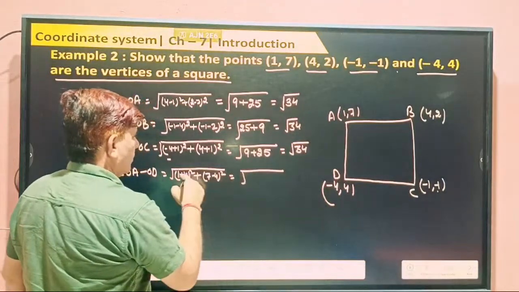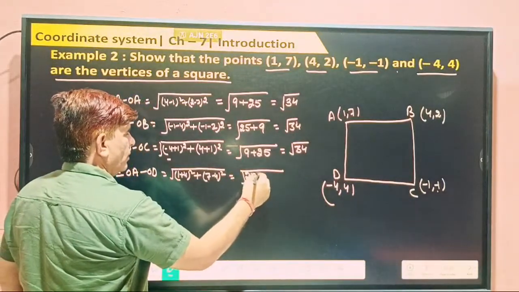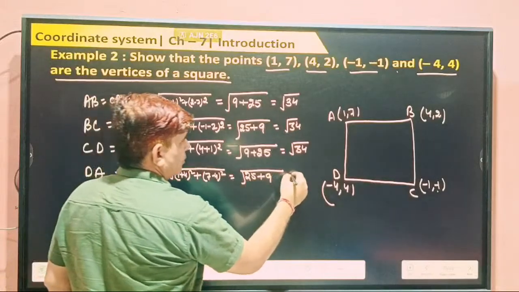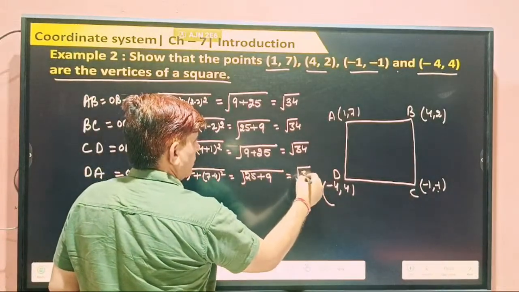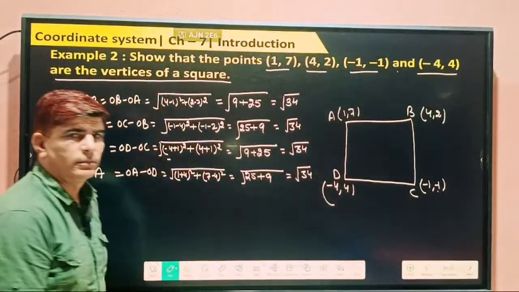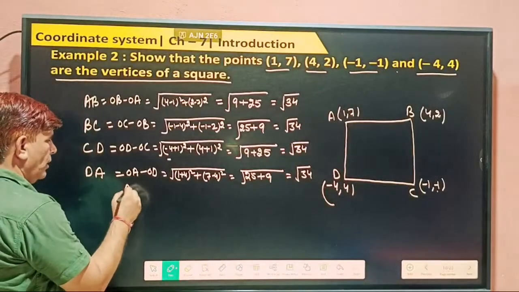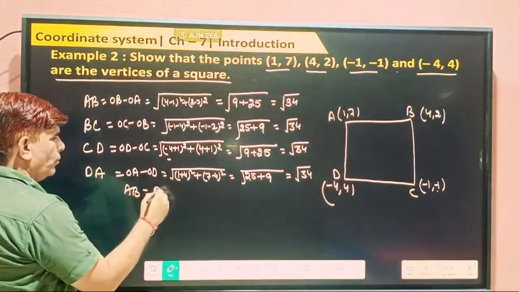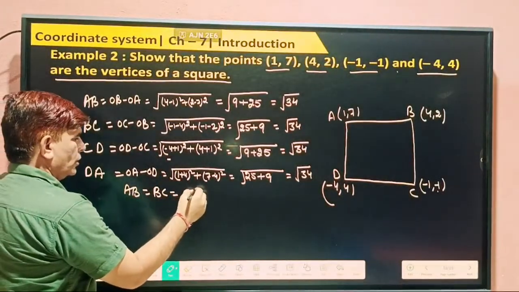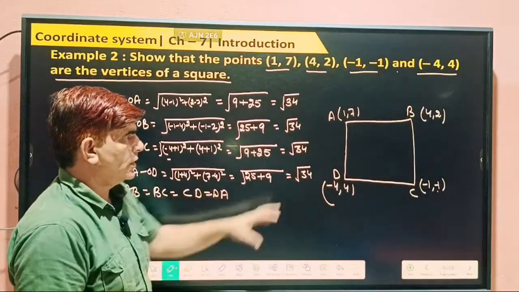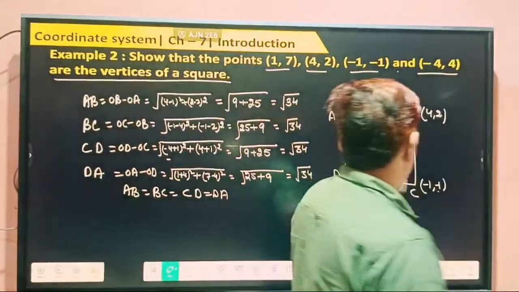Under the root 34. If you check this, here AB equal to BC equal to CD equal to DA. So this is a quadrilateral whose all sides are equal.